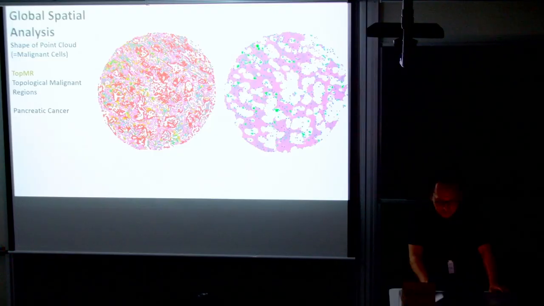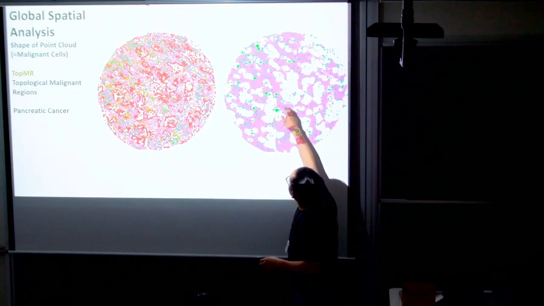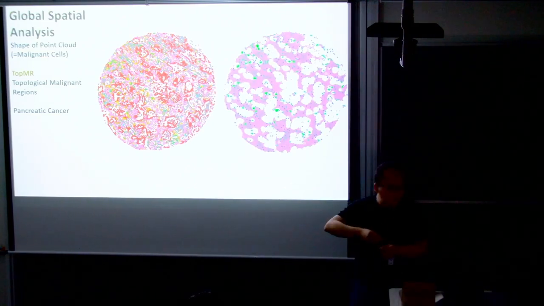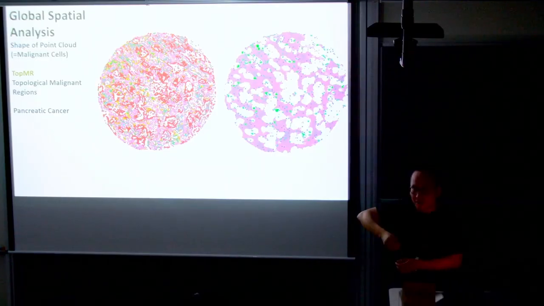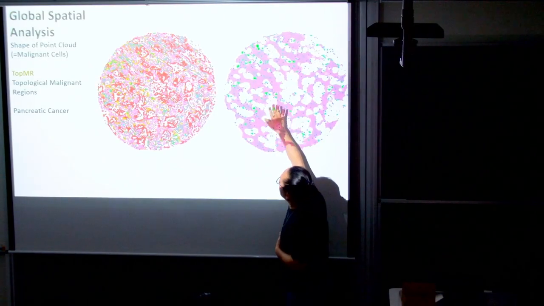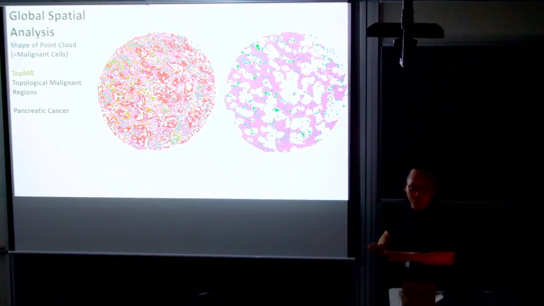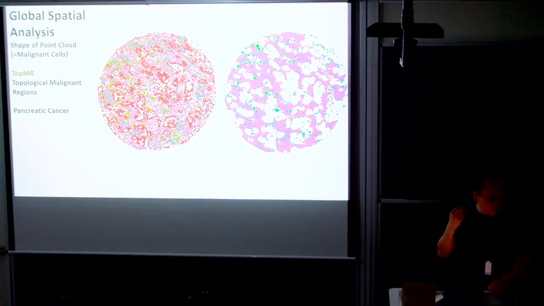So you can see this pink shade. There are many holes. Actually, these holes explain some of the blood vessels through the pancreatic organ. And then around this point, the red points are close by, and then they want to see some correlations between these points. So the first step, you have to extract the global shape of the point cloud.